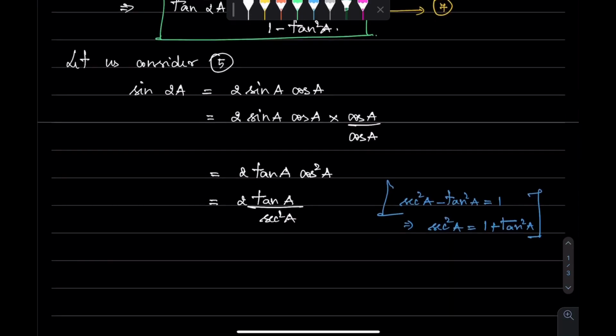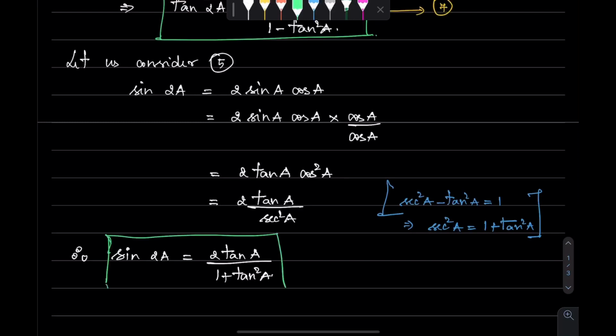Therefore I can say sine 2a in terms of tan can be written as 2 tan a divided by 1 plus tan square a, children. You happy? Good. So we got the sine result in terms of tan. So this is my 8th result.